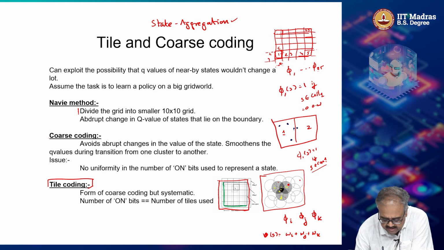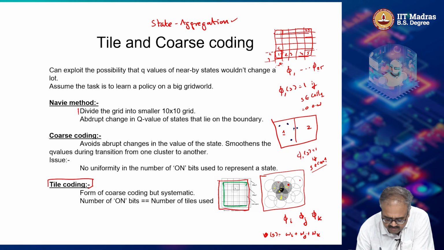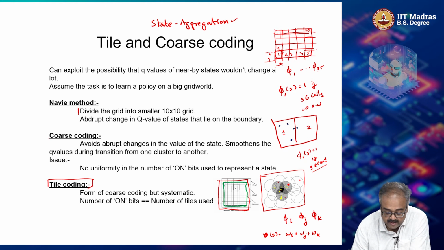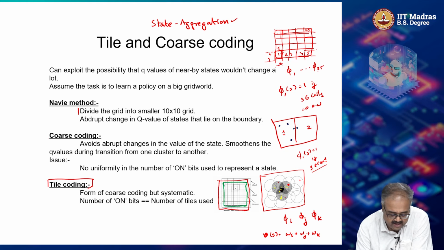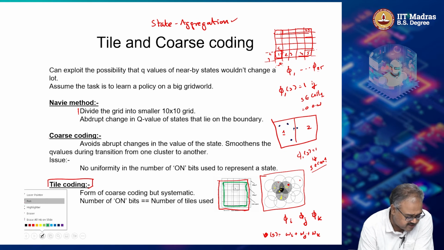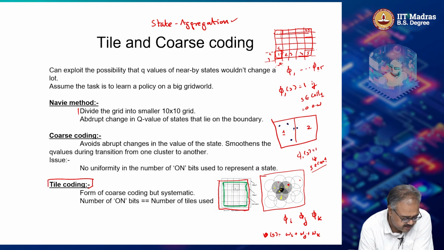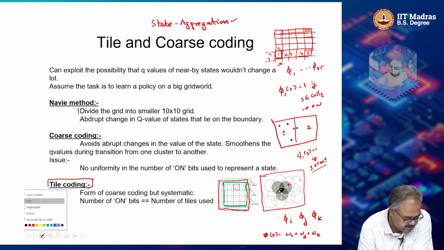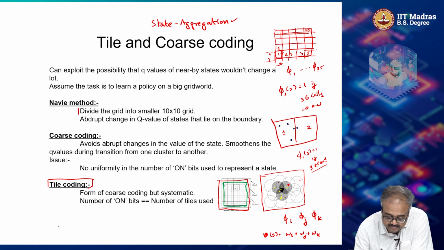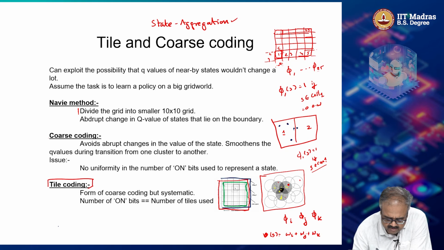This is the locations over which the robot can move, or the agent can move. The green is the location over which the agent can move, and the red is one set of discretization, and the blue is another set of discretization.